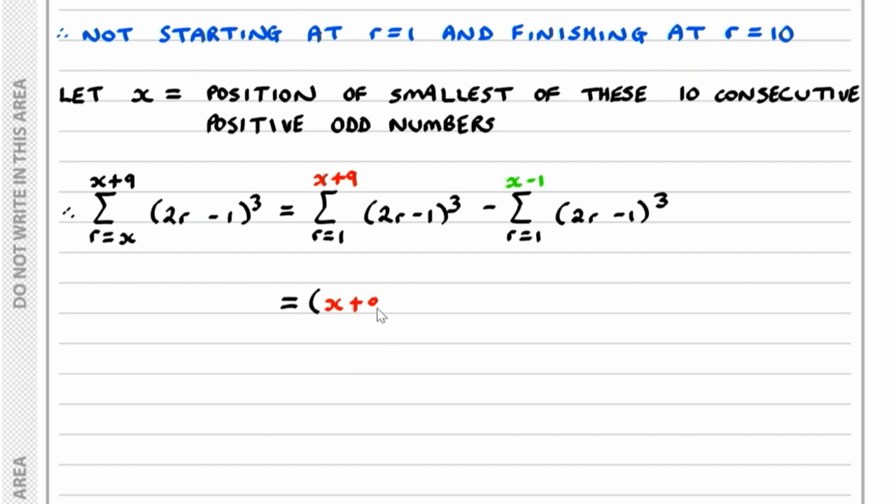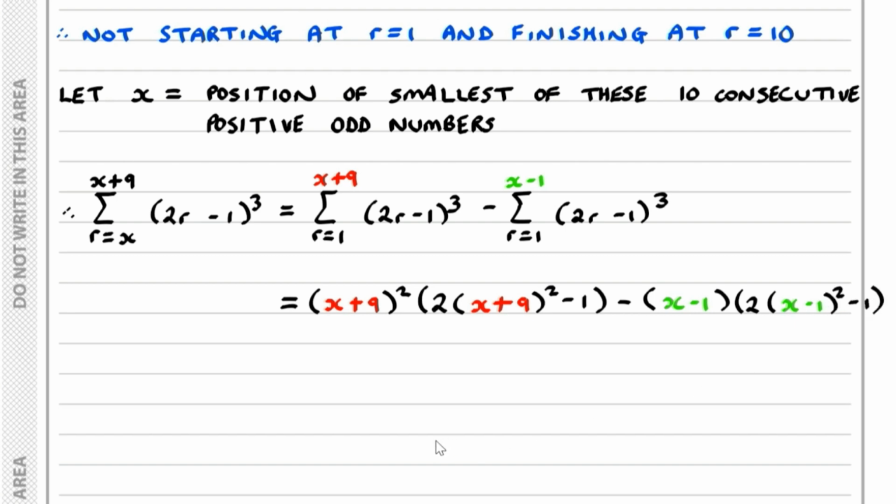So we've got (x plus 9) squared lots of 2 lots of (x plus 9) squared minus 1, minus, well, instead of us having an n, we've got an x minus 1 now. And then we've got 2 lots of (x minus 1) squared minus 1, as we see here.